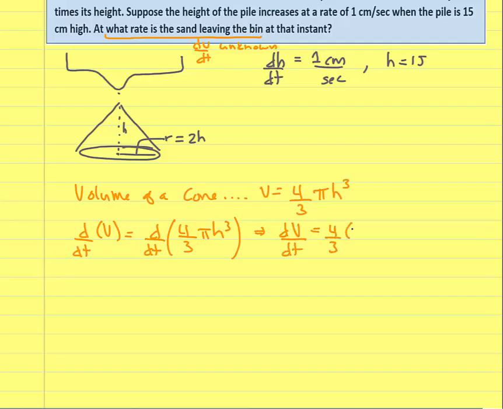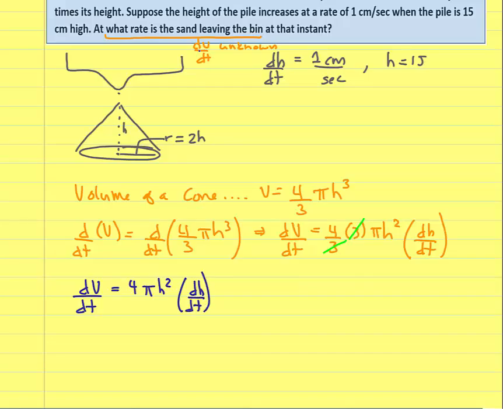I bring the 3 down, drag the pi along, decrease the exponent by 1, and then I need to remember I took the derivative with respect to a variable other than t, so I need to tack on that dh/dt. The 3's cancel, and I can write my related rate equation now. So dV/dt is equal to 4 pi h squared dh/dt.